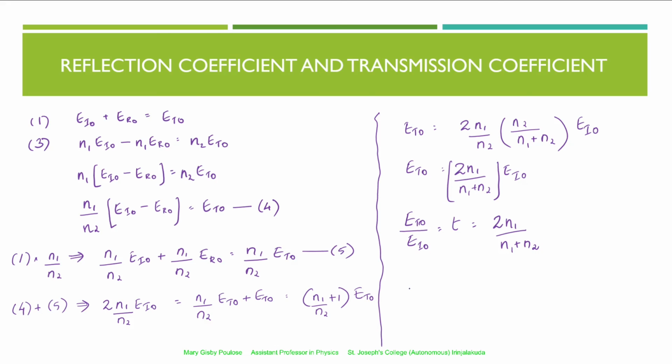The transmission coefficient or transmittivity of the medium is given as the square of the amplitude of transmission coefficient, that is implied as 2n1 divided by n1 plus n2, the whole square. Let this be your equation B.